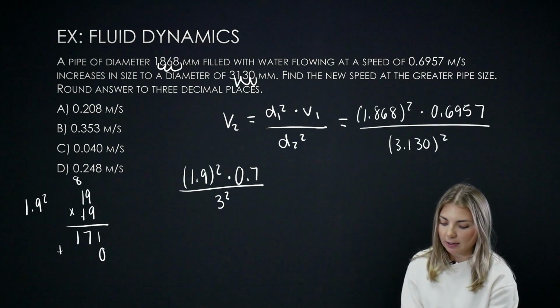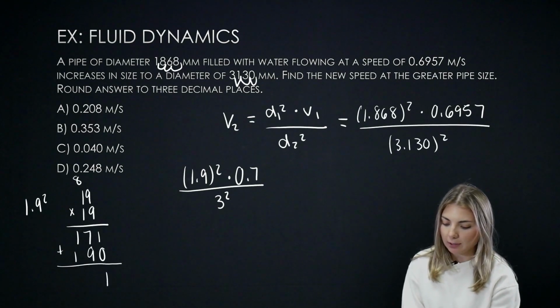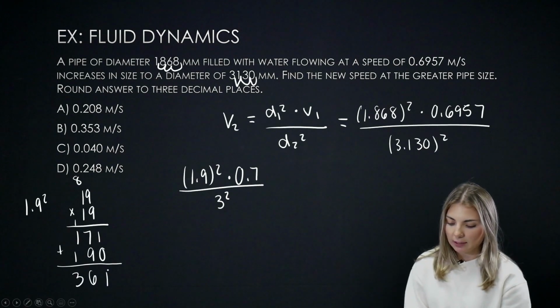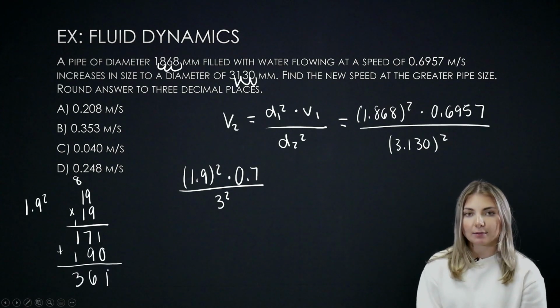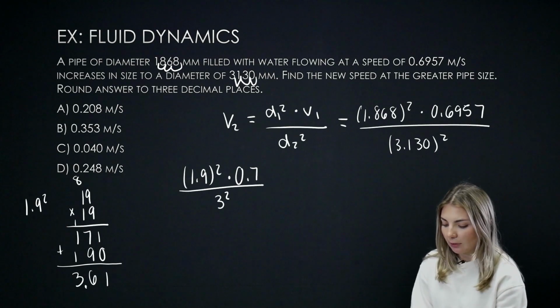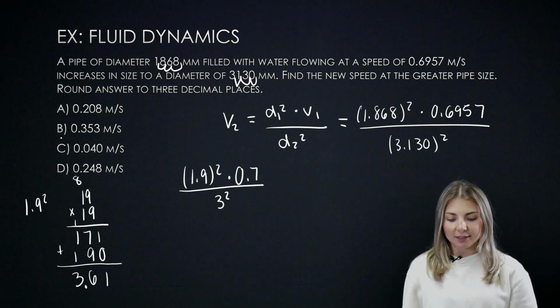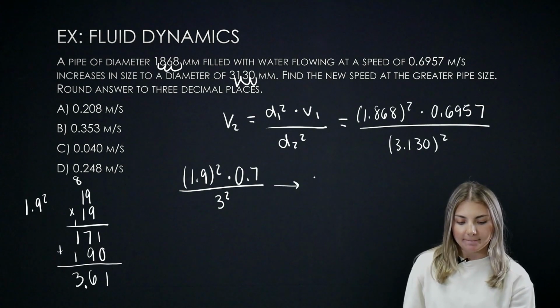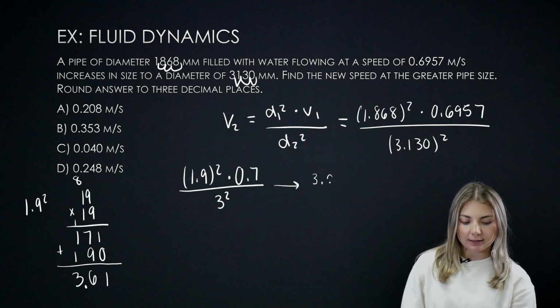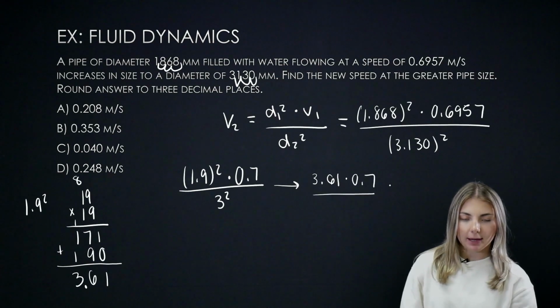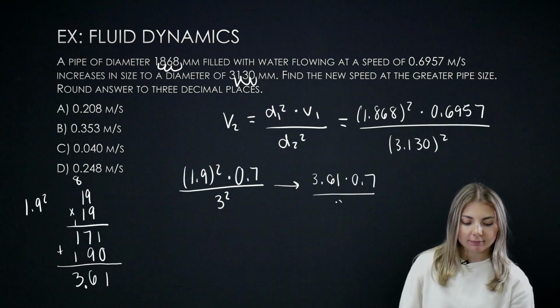Add that 0, and then 1 times 9 is 9, and then 1 times 1 is 1. We have 1, 7 plus 9 is 16, carry that 1. We have 3, 61, and then we're going to move the decimal point back 2 to the left. So we have 3.61. Now we're going to plug in that value: 3.61 times 0.7 divided by 3 squared is 9.